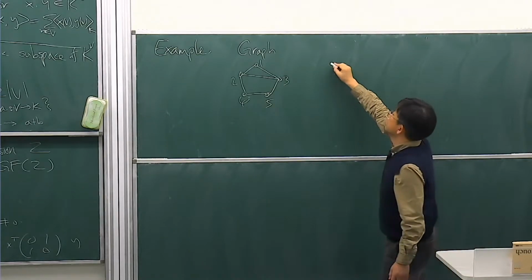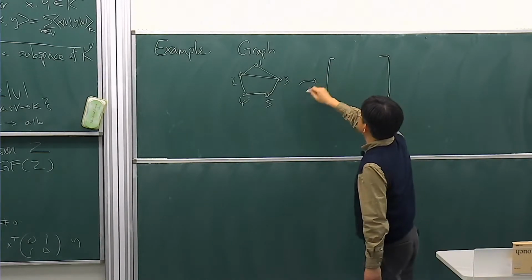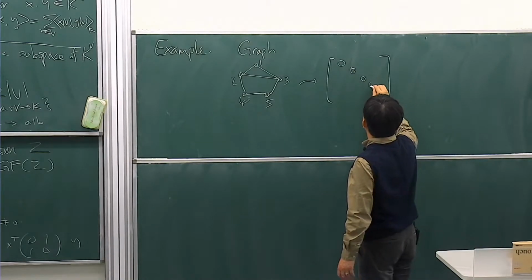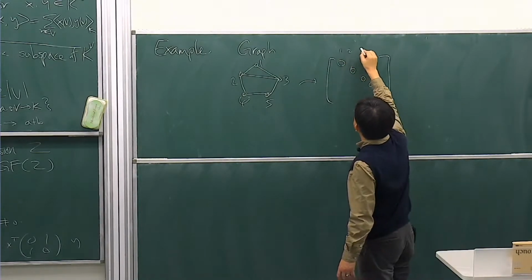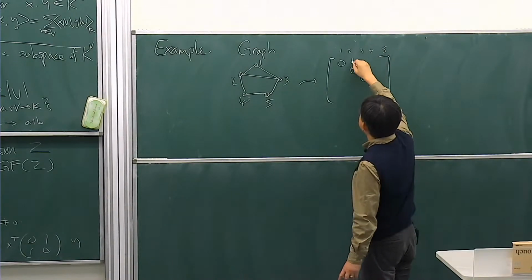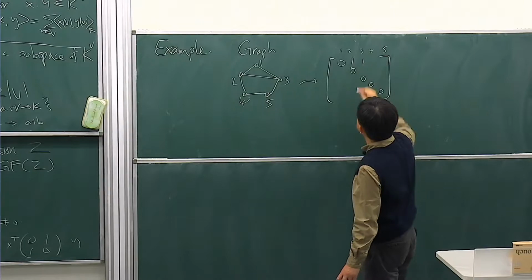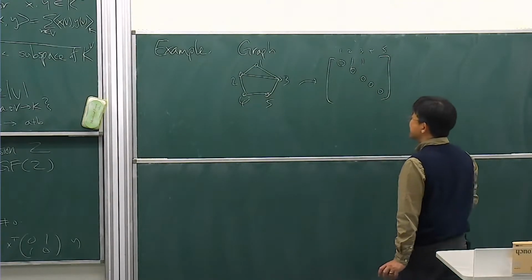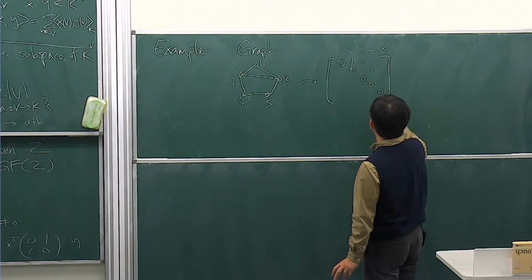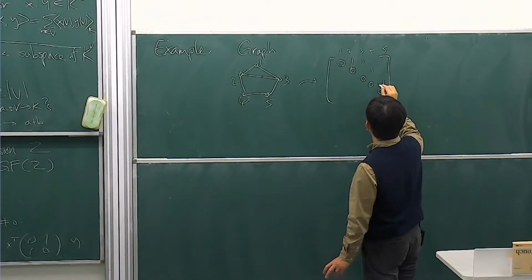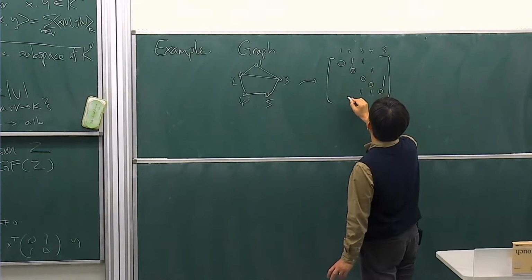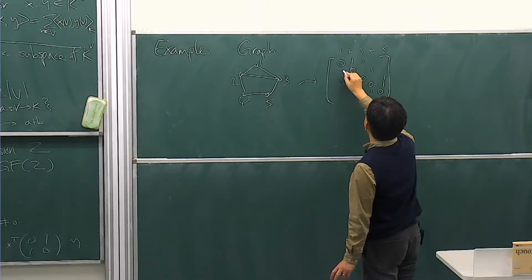So what I do is think of the adjacency matrix. Right. So 1, 2, 3, 4, 5. All right. 1, 2, 1, 3, and 2, 4, and 4, 5, and 3, 5. Oh, 2, 3.